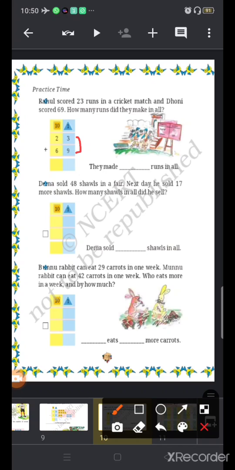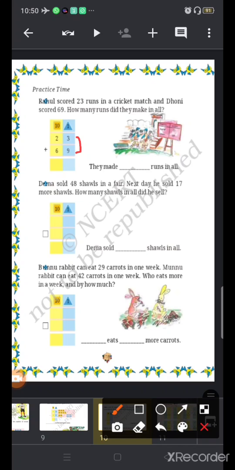So 3 plus 9. We can keep the bigger number in our mind, and from 9 onwards we have to count 3 more, isn't it? So after 9 count 3 more. Start counting. 10, 11, 12. So how many fingers did we count? 3 more.